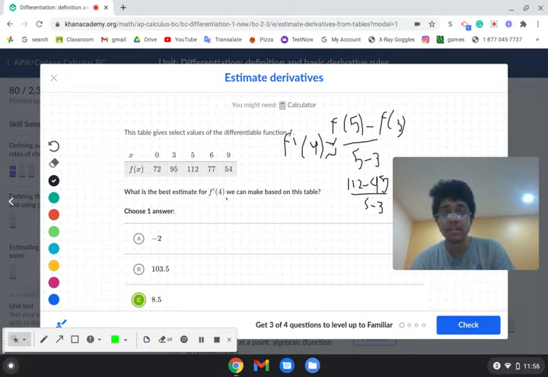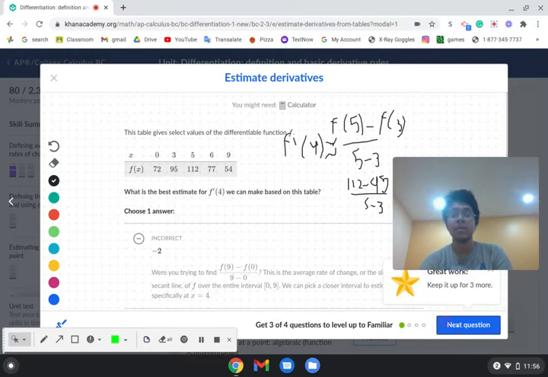So f prime 4 is approximately 8.5 according to this table, because 4 falls between 3 and 5. And we basically found the slope based on the points (3, 95) and (5, 112). Okay, good.